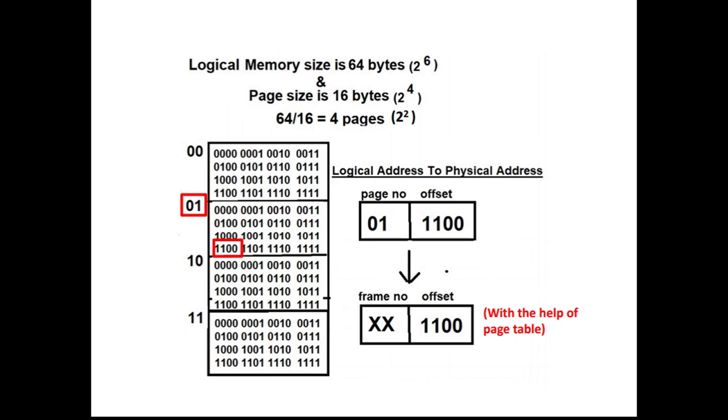But the point is that not all the pages are loaded into the main memory. We have already seen that the advantage of paging is you don't need to load an entire process into main memory. For example, if a process has 5 pages, you can load 3 pages into main memory and 2 pages into secondary memory or virtual memory.